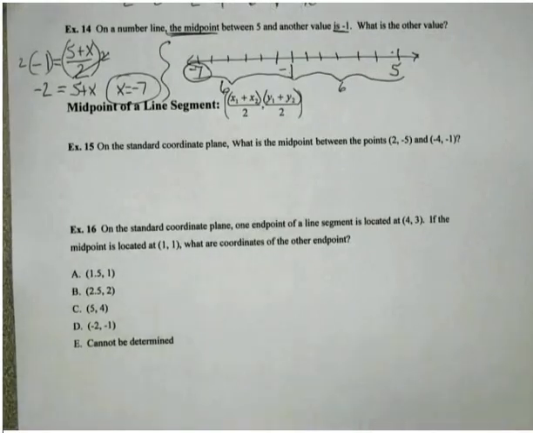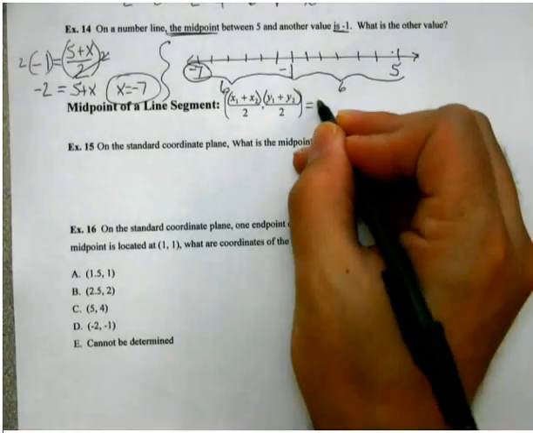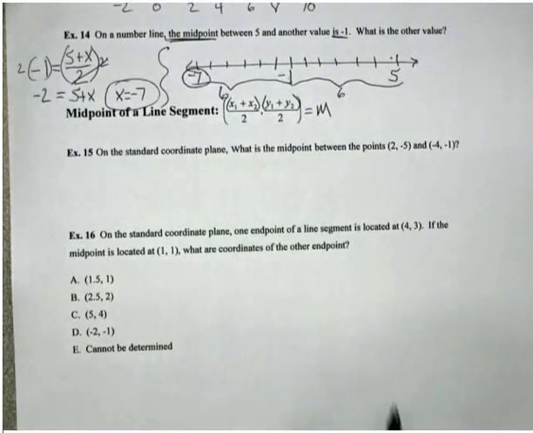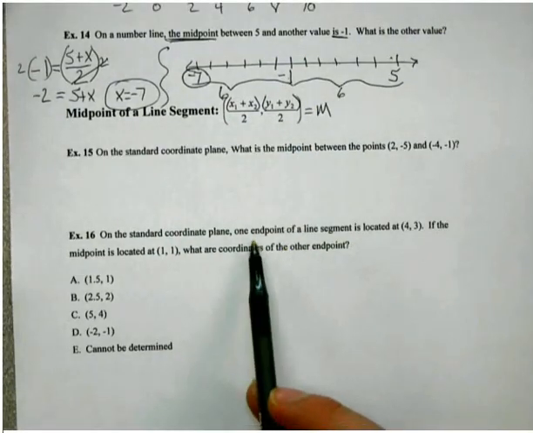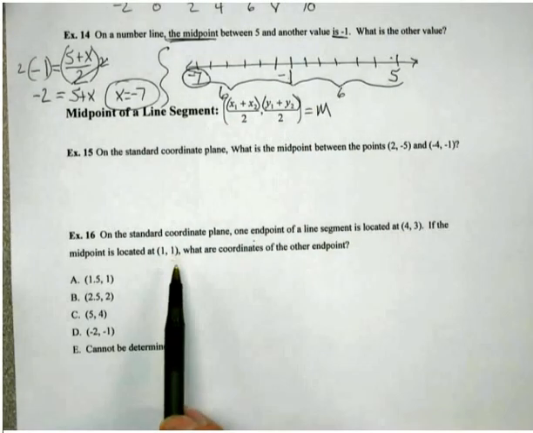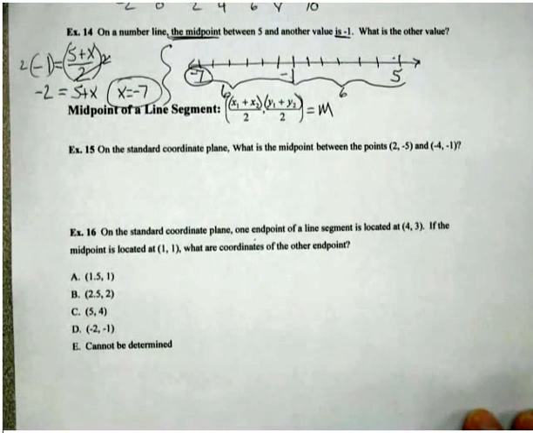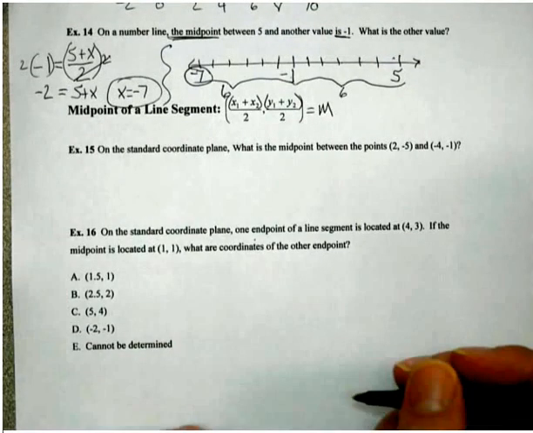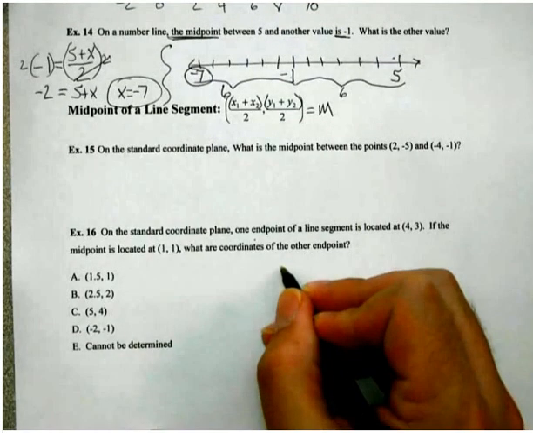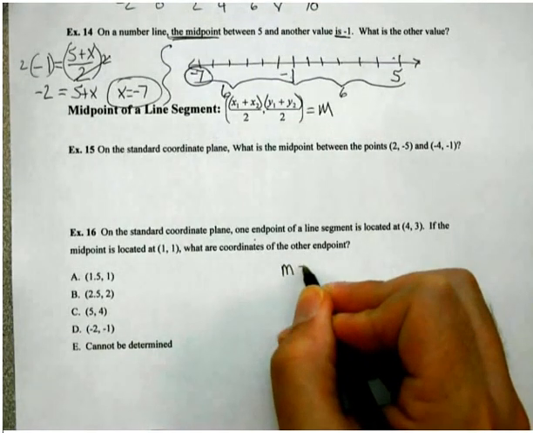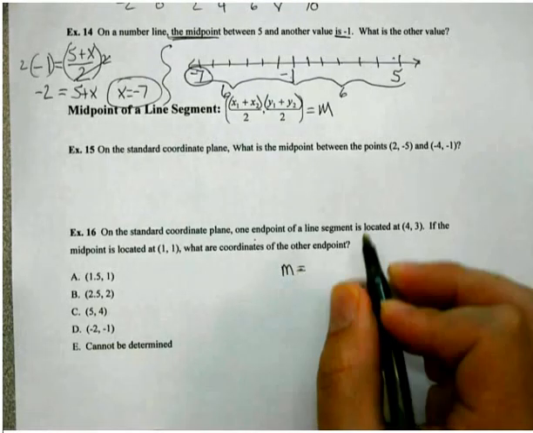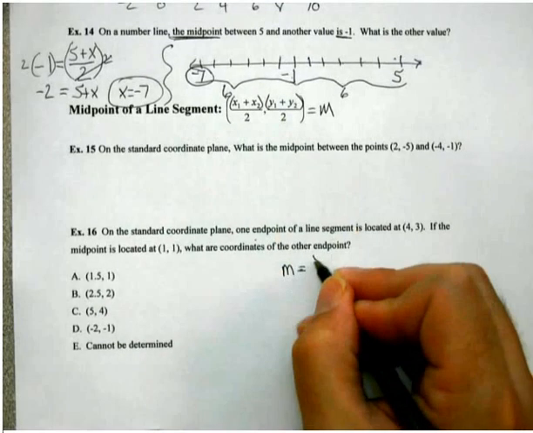So one more go here. Again, this is my midpoint. Just similar to 14, they tell us one of the endpoints and they tell us the midpoint. Now, I could draw pictures for each of these if I wanted to, but I just want to show you algebraically what I would do if I wasn't going to draw a picture. So for my midpoint, for my x values, okay, I'm just going to keep using these.